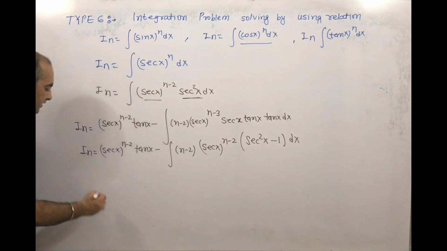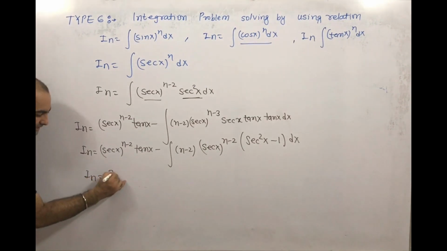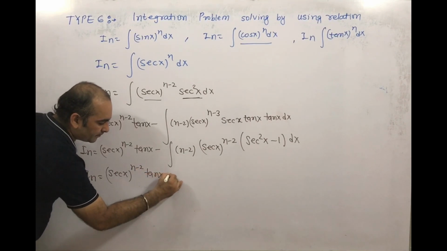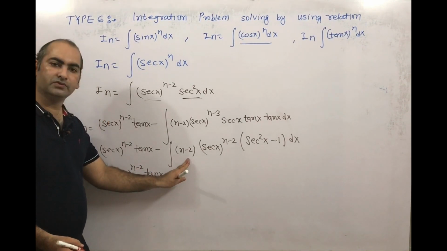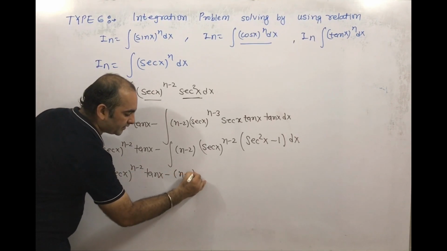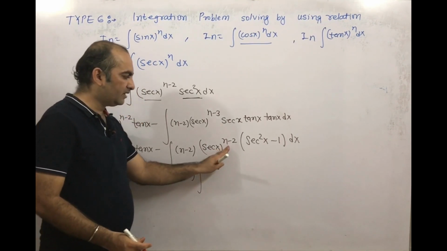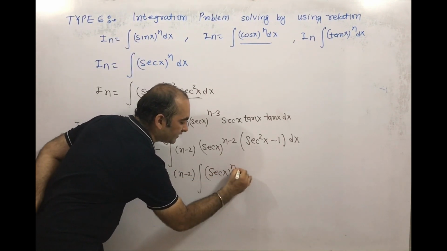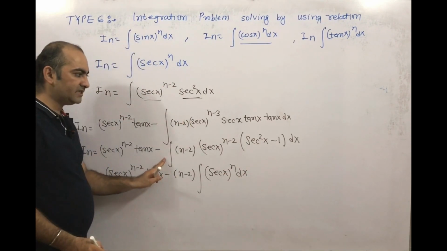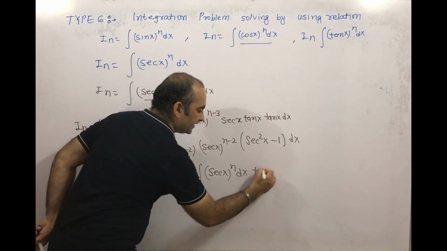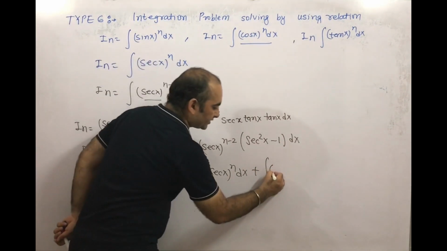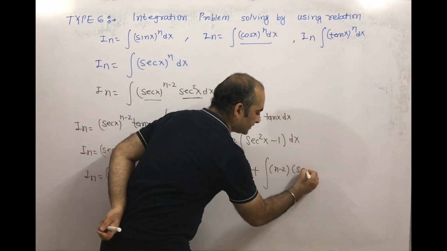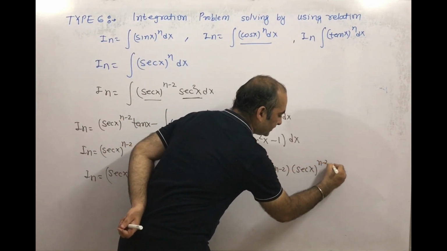So In equal to secant x to the power n minus 2 into tan x minus, here also we separate, n minus 2 integration of secant x to the power n minus 2 into secant square x, which is secant x to the power n dx, and minus minus becomes plus, so plus the integration of n minus 2 into secant x to the power n minus 2 dx.